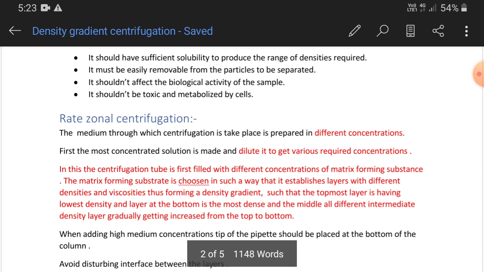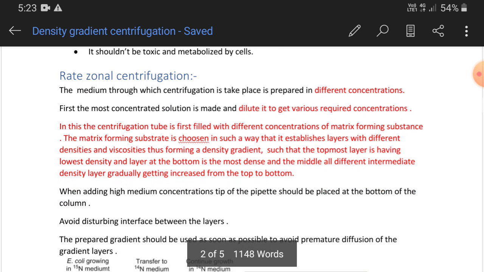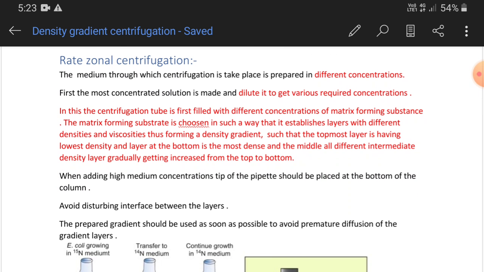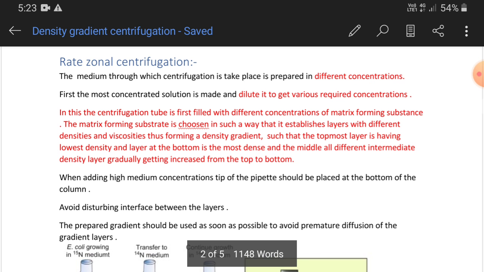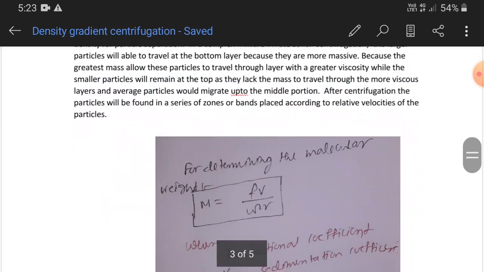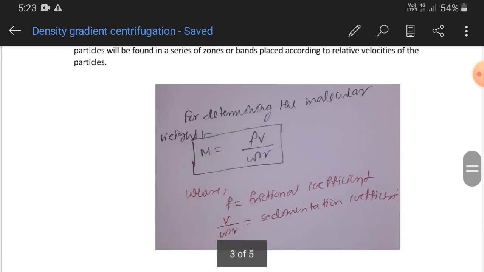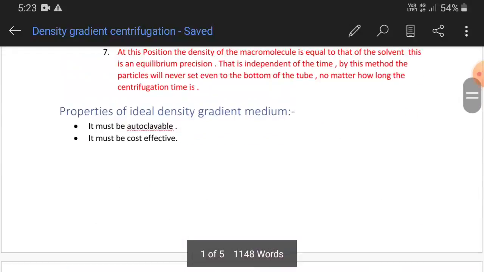And another important thing, after preparation of the gradient, we have to use it then and there, otherwise we cannot prevent the premature diffusion of the gradient layers, okay. And rate zonal centrifugation separates particles on the basis of their molecular weight, okay. So that is the concept behind rate zonal centrifugation, okay.